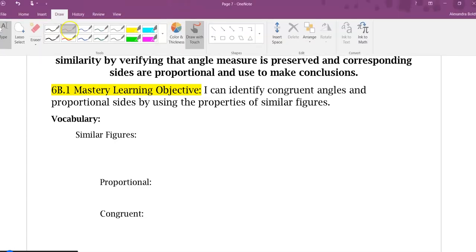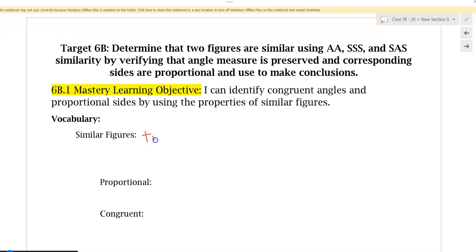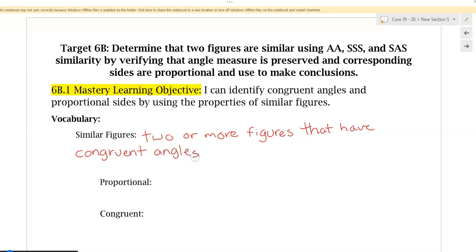So similar figures are two or more figures that have congruent angles and proportional sides.